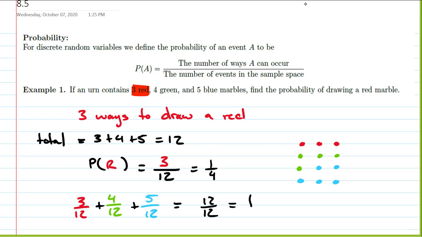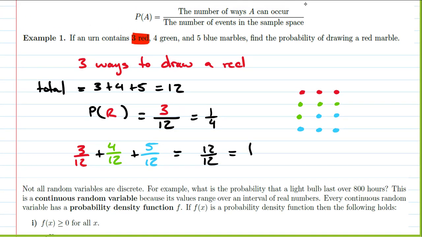And draw a picture once again. So I did this, but I'm going to draw an improved picture. So let's draw, I'm going to make our marbles rectangles because it'll make the math that I'm doing easier. So if we do this, there's our 3 red, our 4 green, and our 5 blue.